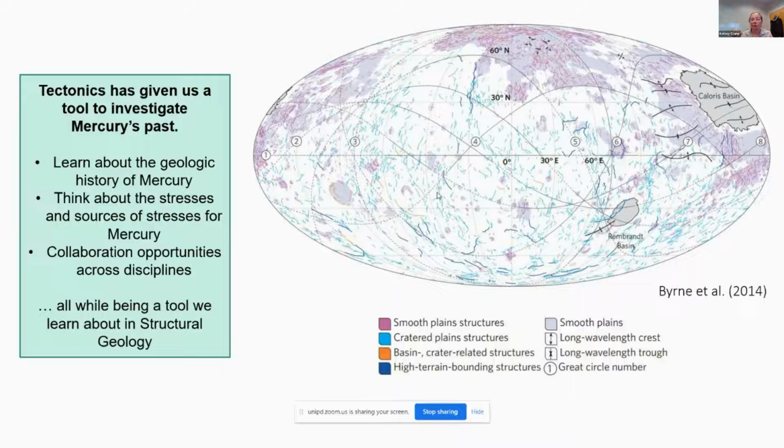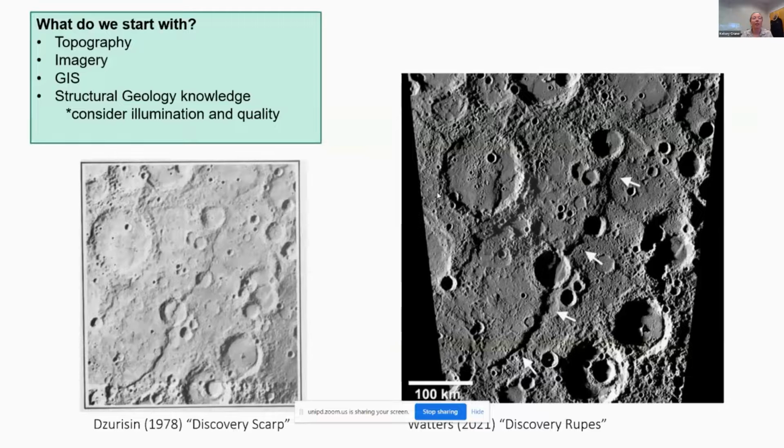So I'm not going to talk about those two groups today. I'll just refer to all of these as being thrust fault related landforms. They are all tectonic landforms. They likely all have a thrust, or an anticlinal fold. They're all accommodating shortening. And so that's the preferred language for Mercury when we talk about that.